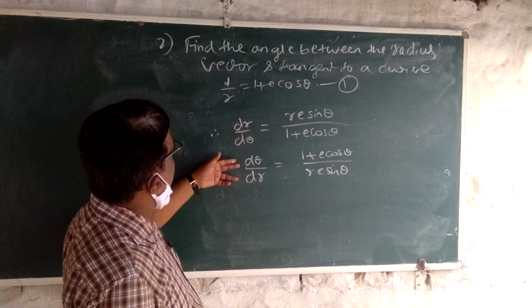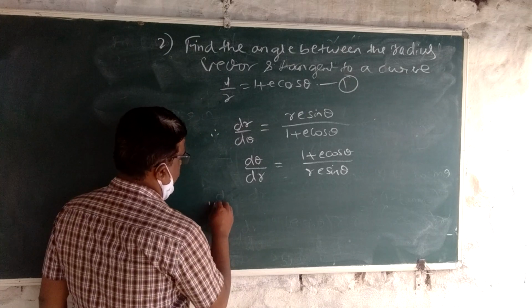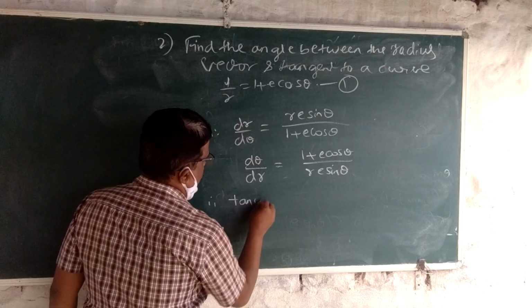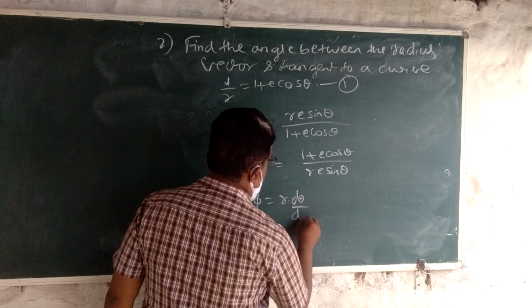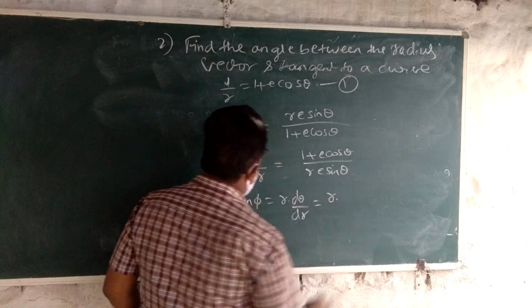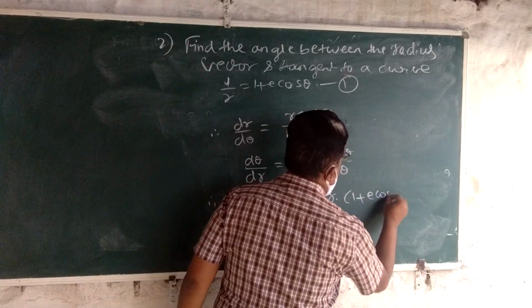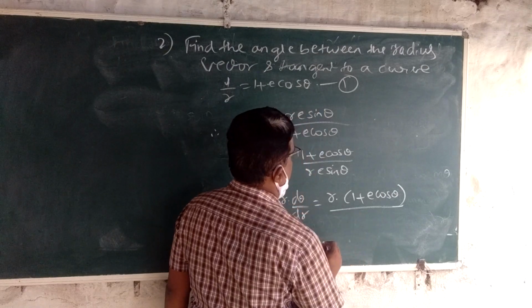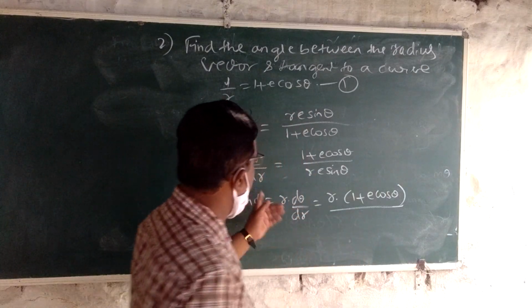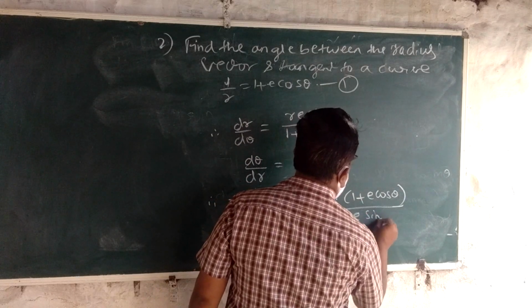Then substitute in the formula tan φ is equal to r into dθ/dr. So tan φ is equal to r into (1 plus e cos θ) divided by (r into e sin θ).